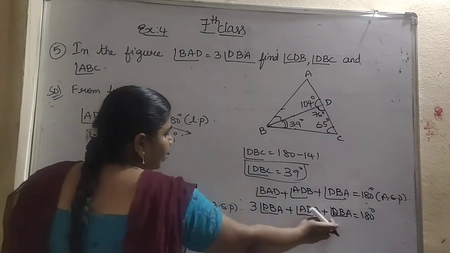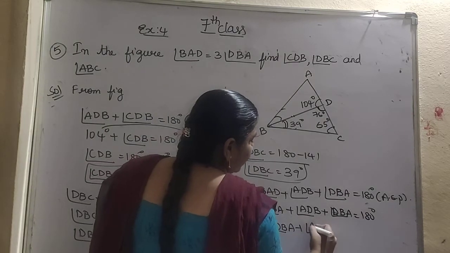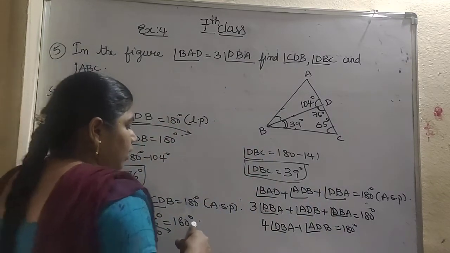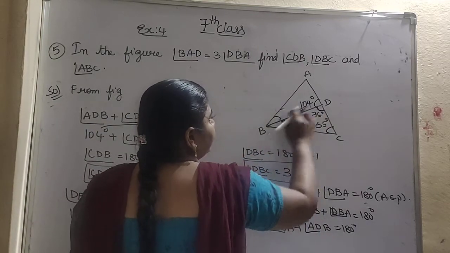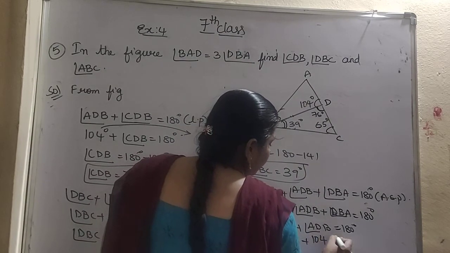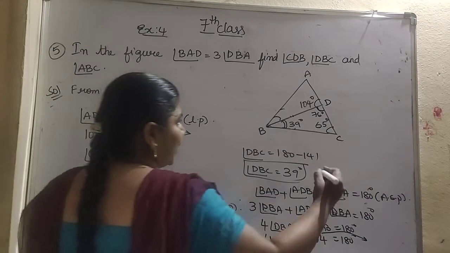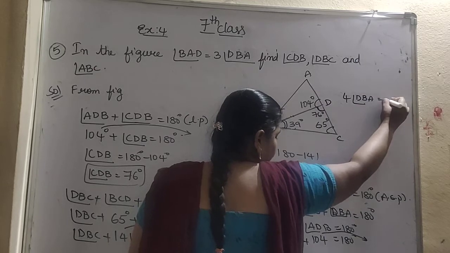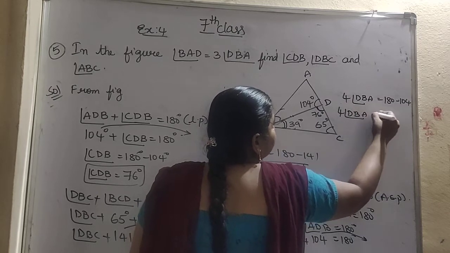So 4 angle DBA plus angle ADB is equal to 180. In place of ADB we substitute 104. So 4 angle DBA plus 104 is equal to 180. Transposing this 104 to the other side, it will be subtraction again. So 4 angle DBA is equal to 180 minus 104.